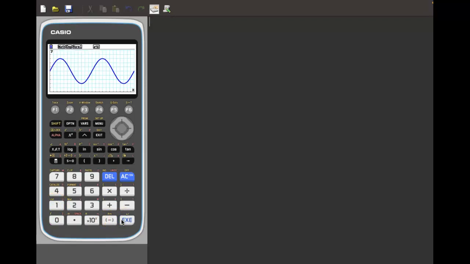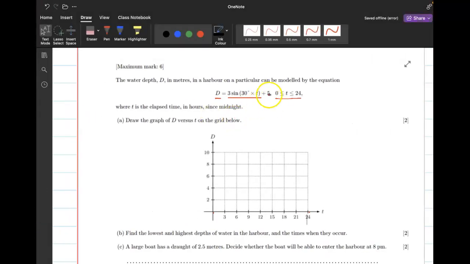Now what you need to do is copy this graph. I need to understand that this midline is 5. Midline is 5, amplitude is 3.